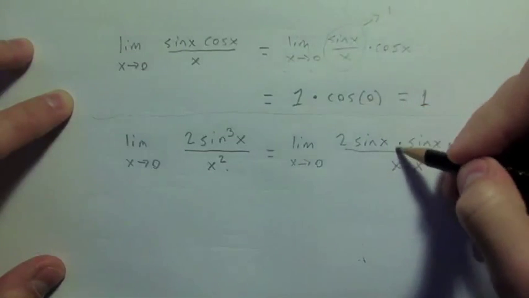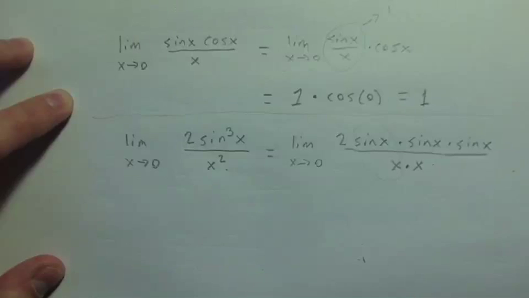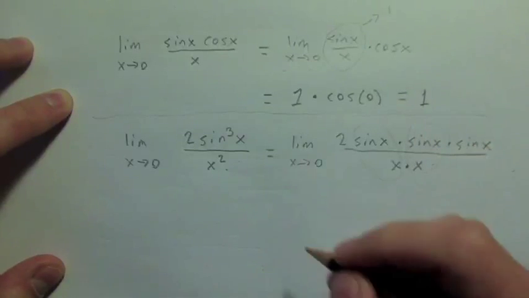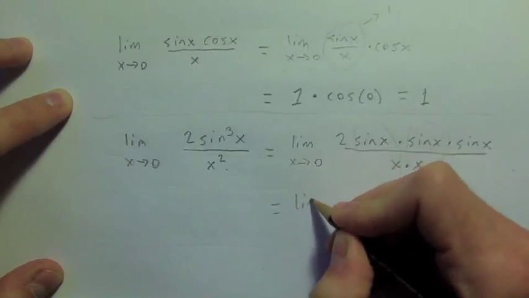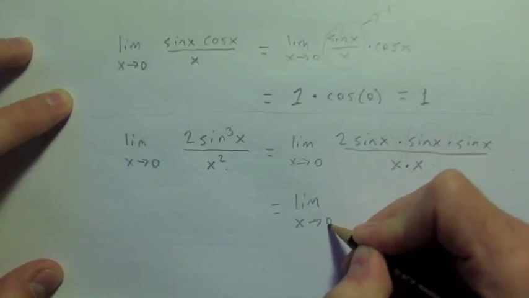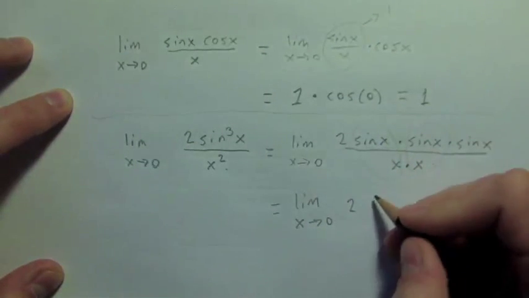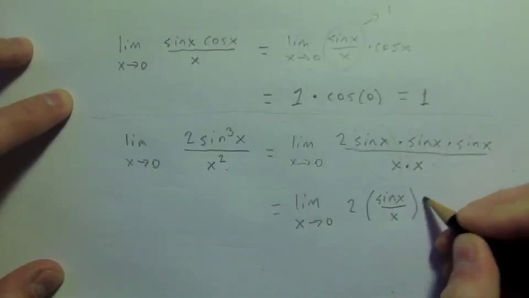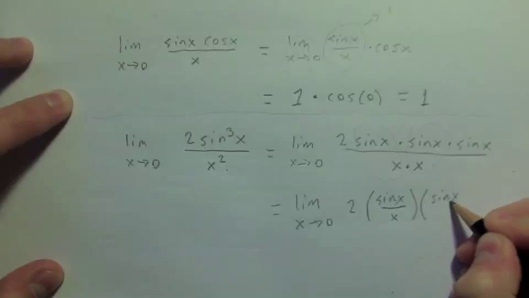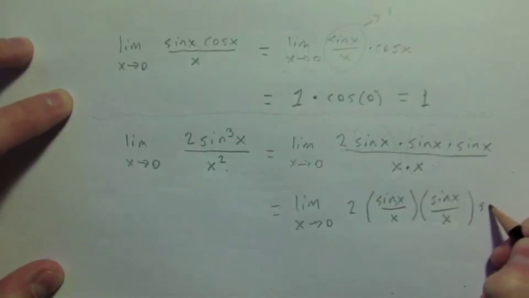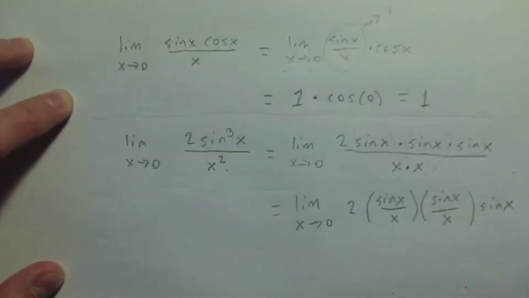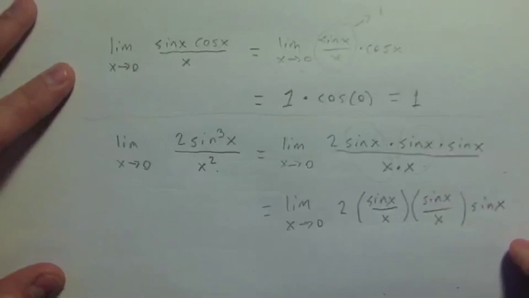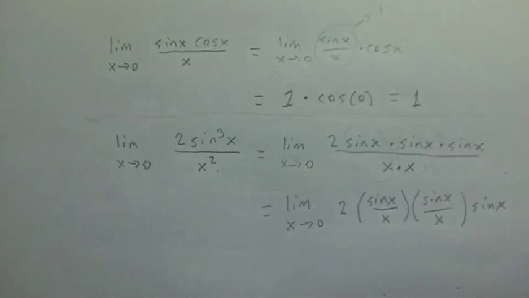So I'm going to let one of these x's hit one of those sines, and another x hit another one of these sines. So basically what I have when I break all this up is 2 times sine x over x times sine x over x times sine of x. Okay? Remember, sine has to have an input, an x. You can't just say sine.